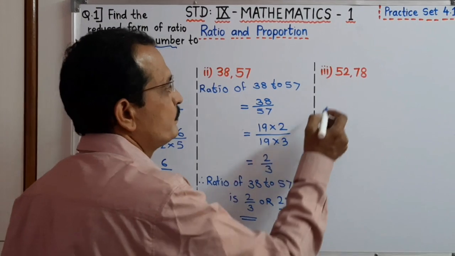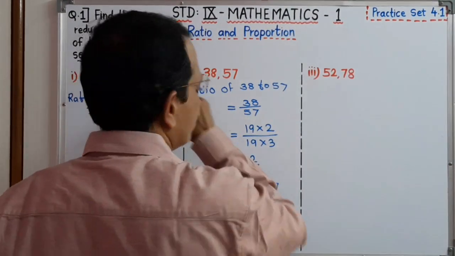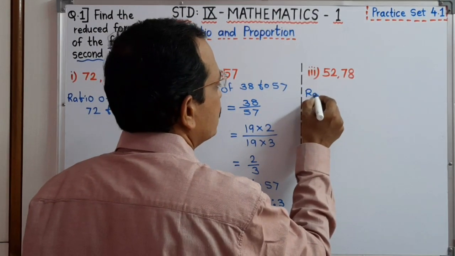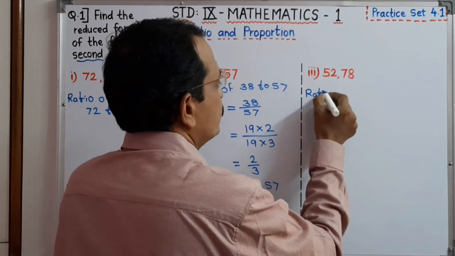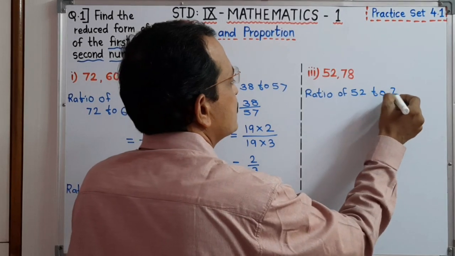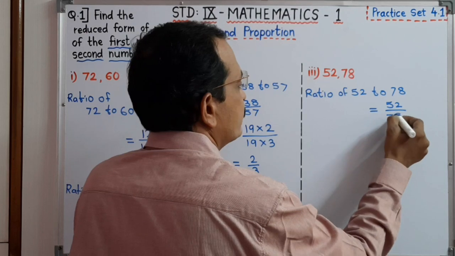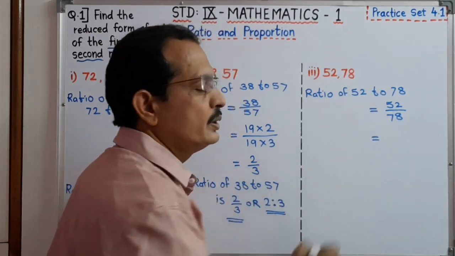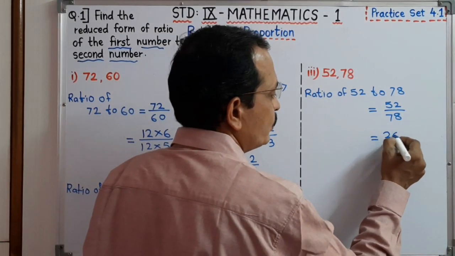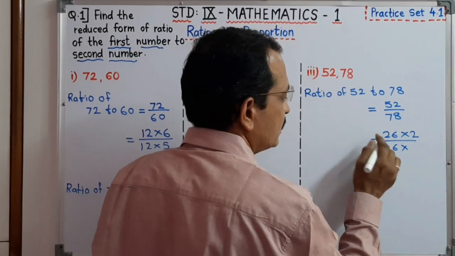Now see here 52 and 78. Again the ratio of the first number to the second number. Then we have to write here the ratio of 52 to 78 is equal to 52 upon 78. Dear student, here 26 into 2 and 26 into 3, we can write.